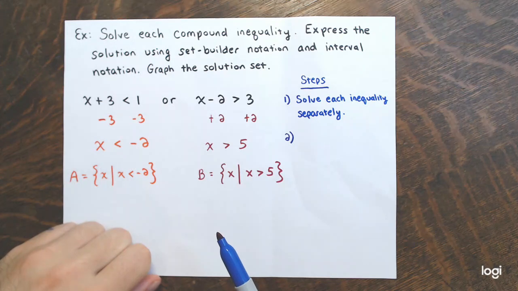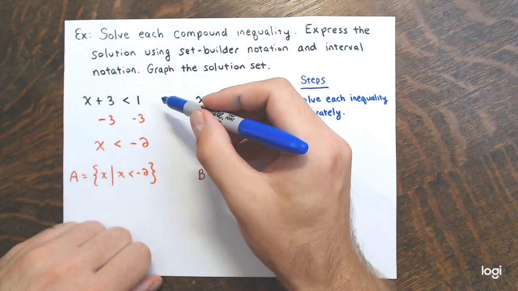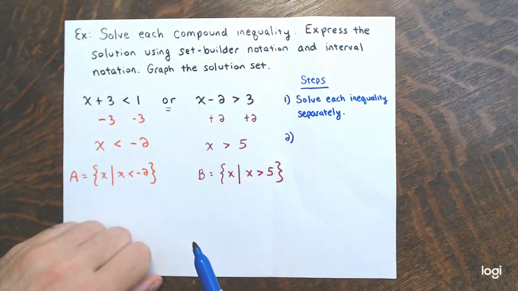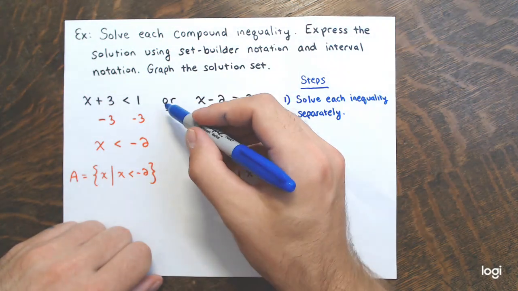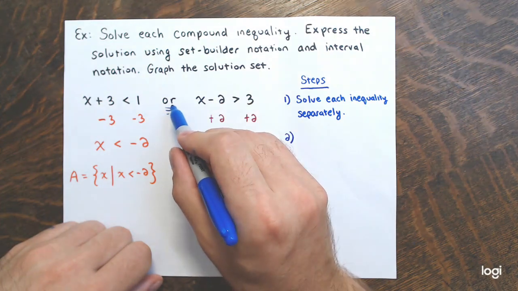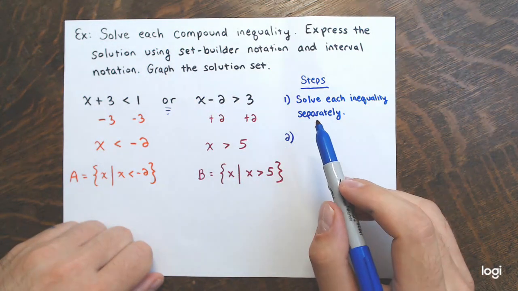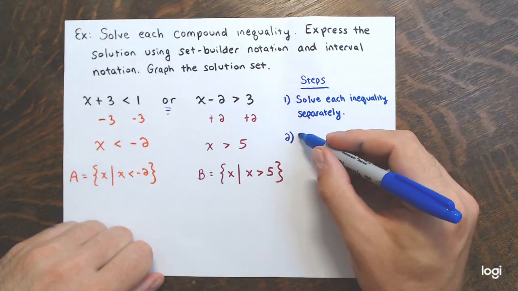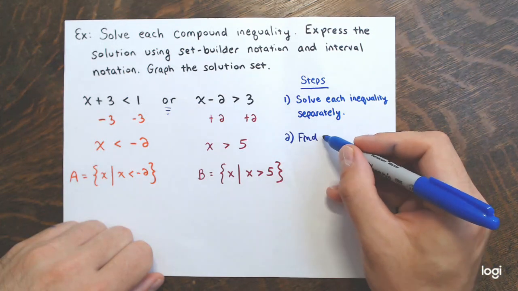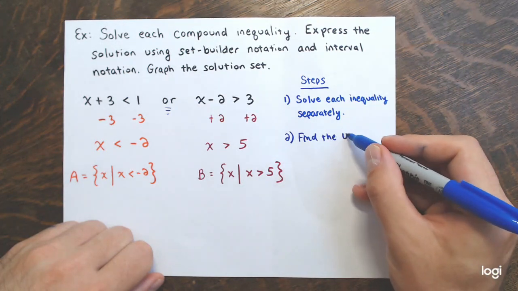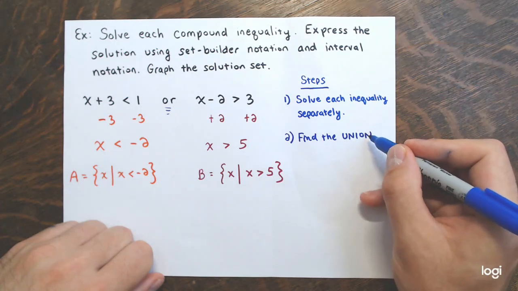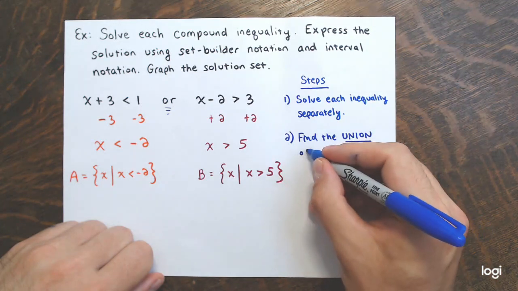I've put up a previous video on finding the intersection or the union of two sets, so you can look for that or find other videos on intersections and unions. But here I have the word or, and the word or implies that we're going to be finding the union of the solution sets.